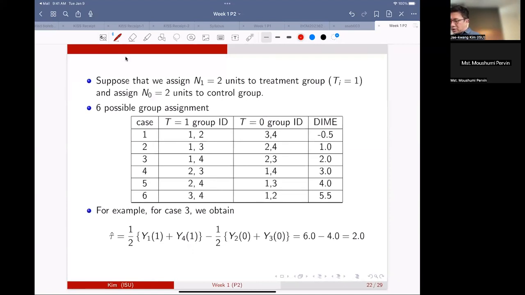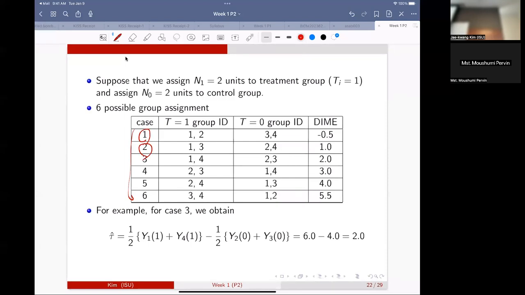Suppose we have an assignment rule where we select 2 elements from the 4 and assign treatment, and the others are assigned to control. Then how many possible combinations do we have? 4 choose 2, which is 6. We have 6 possible ways of assigning treatment. So this is all possible assignments.